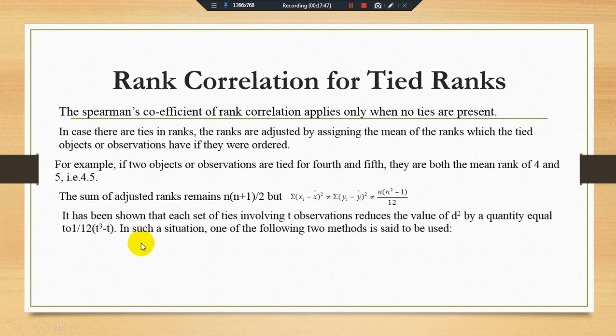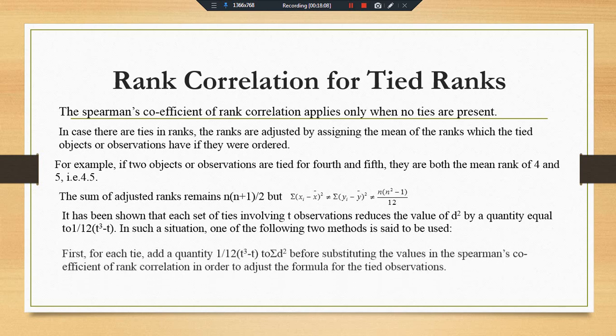It has been shown that a set of ties involving t observations reduces the value of summation d square by a quantity equal to 1 over 12 into t cube minus t. In such a situation, one of the following two methods can be used.